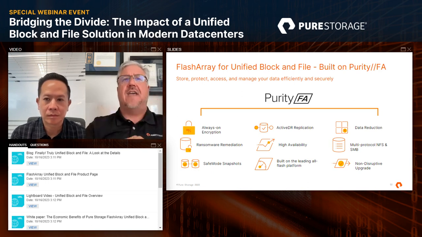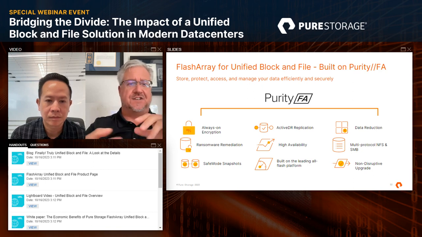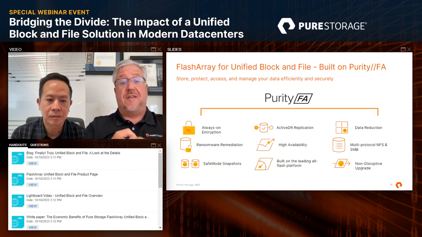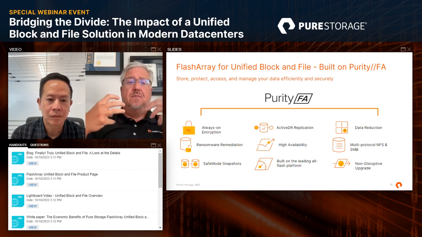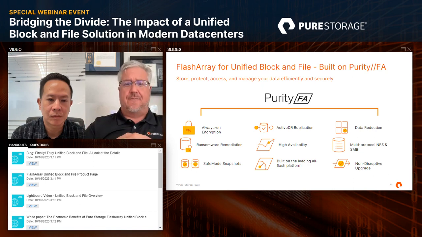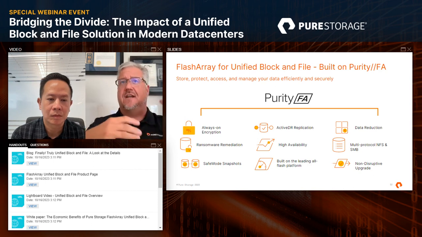Purity FA is the storage operating system itself and has all of these advantages: always-on encryption, ransomware remediation through SafeMode snapshots, high availability, data reduction. Because we're unified, all on top of Purity FA as the storage operating system, we are now able to share things between file and block in ways that others can't.